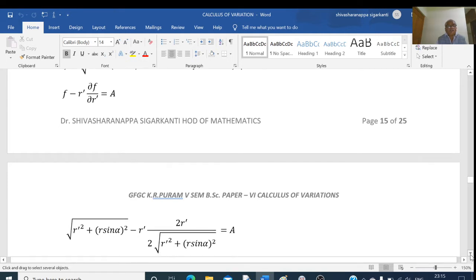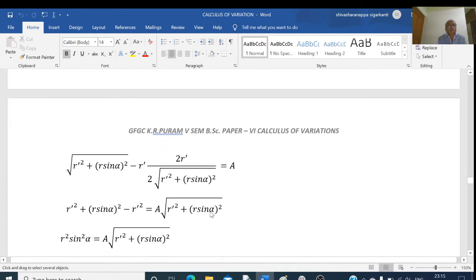Then the first term becomes without root. So that is r dash square plus (r sin alpha) square, minus r dash into r dash, which is r dash square, is equal to a into the root of r dash square plus (r sin alpha) square.